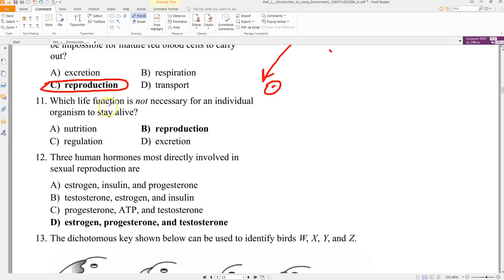Moving on. Which life function is not necessary for the individual? Put a star next to this one. Please remember that you do not need to reproduce to stay alive. How many people do we know right now that don't have kids and they're alive? They're perfectly fine.